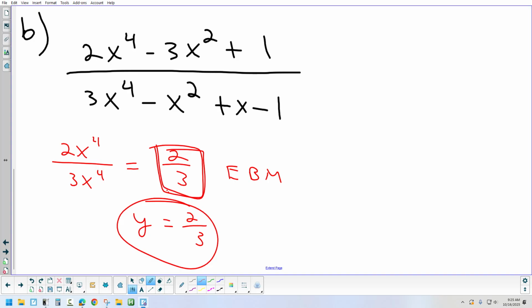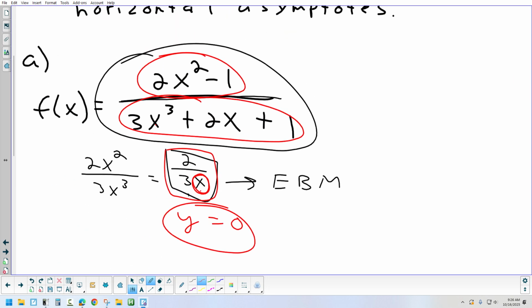Okay. So whenever the degree in the top matches the degree in the bottom, the variable is going to cancel out, and you're still going to get a horizontal asymptote, but it won't be at 0. The only way that it can be at 0 is if which degree is bigger?